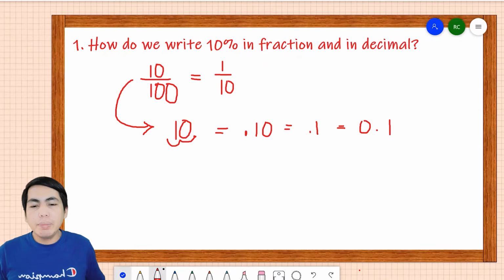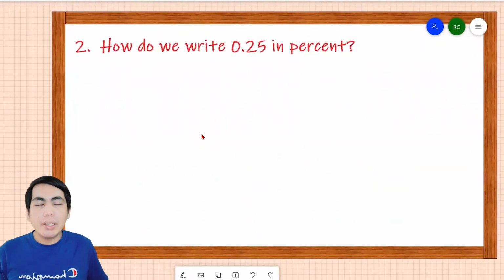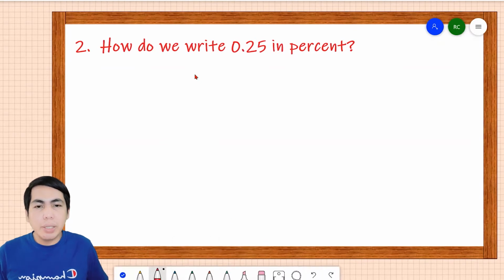So let us have sample problem number 2. How do we write 0.25 in percent? This time, the given is in decimal and we are going to change it into percent. When we change this into fraction form, we just simply move the decimal point to the right to make it a whole number. So 1, 2.